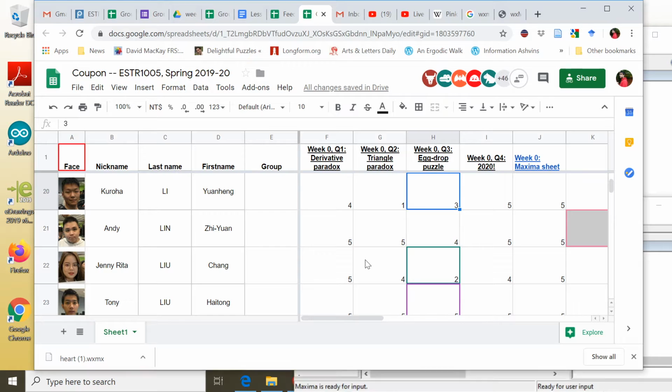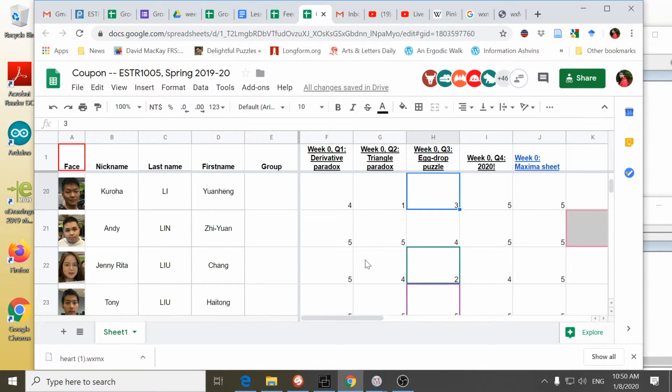Ah, good. You figured out how to use implicit plots, huh? Isn't that nice? I know. Maxima is one of my favorite tools ever. Yeah, and you can use it during your exams.